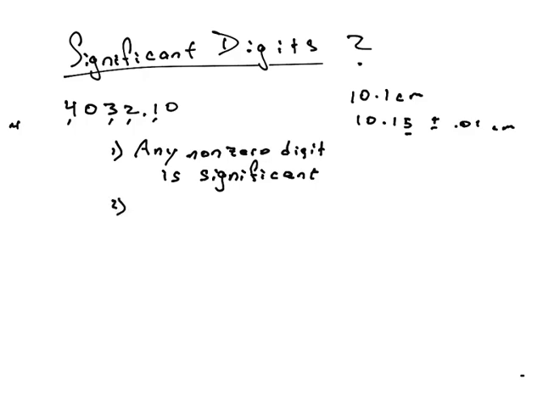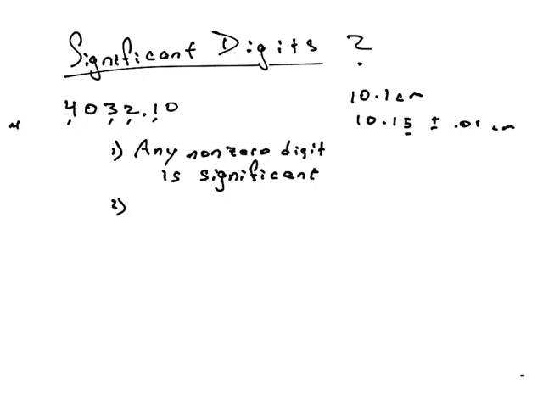Then we have 2 more rules, for the zeros. We took care of the non-zero numbers. What about zeros? When are zeros significant? Well, first, if the 0 comes between two significant digits, then it is also significant.